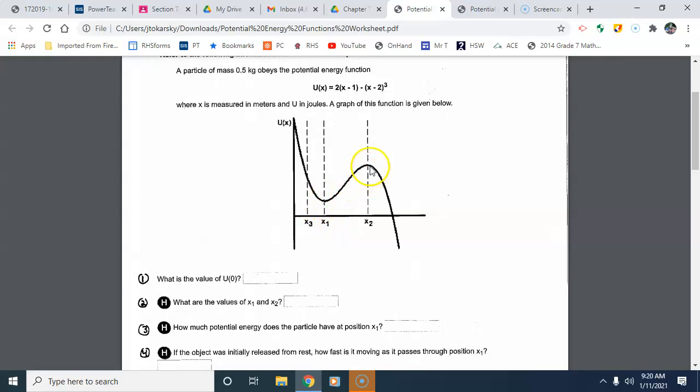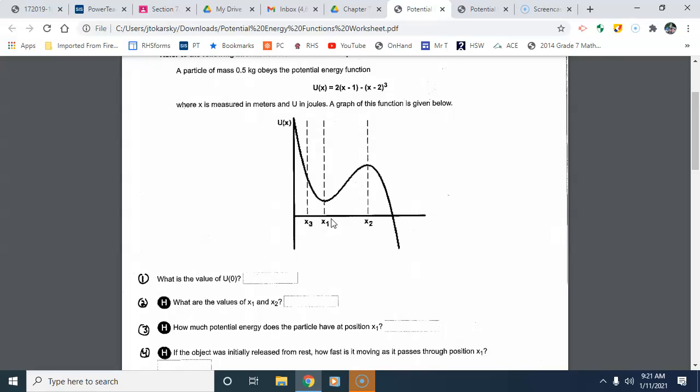x1 and x2 from last week we defined as equilibrium positions. Equilibrium positions are positions where at that moment the force on the object is equal to what? Equal to 0, right? At equilibrium for those moments. How do we know that? Because they're peaks and valleys of the graph. Remember, the negative derivative of the function is the force acting on it.